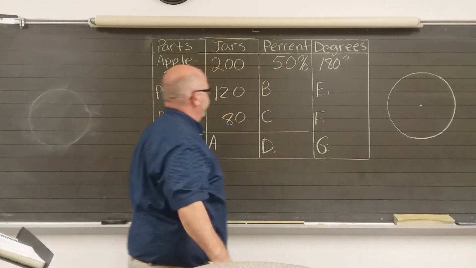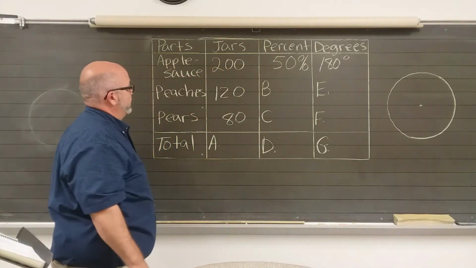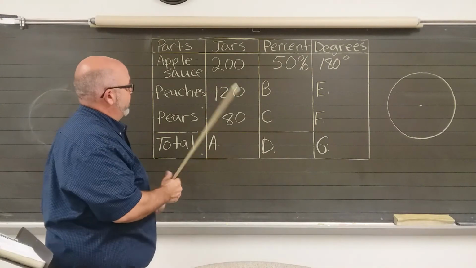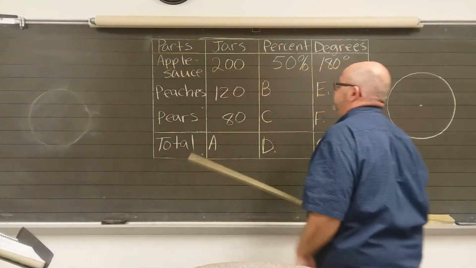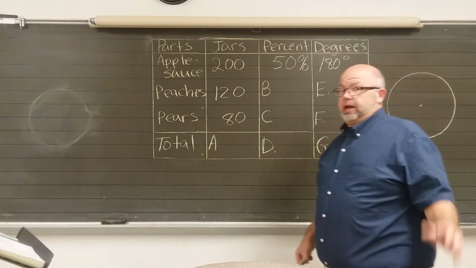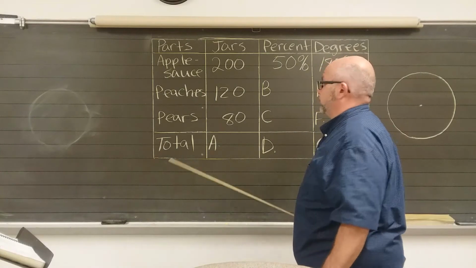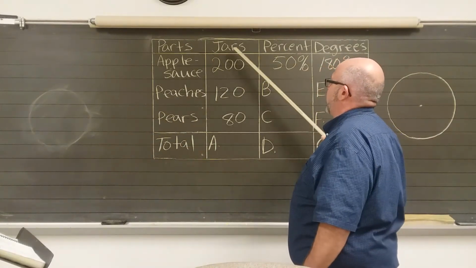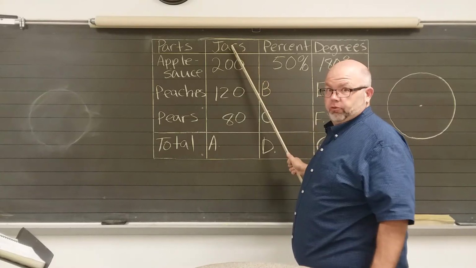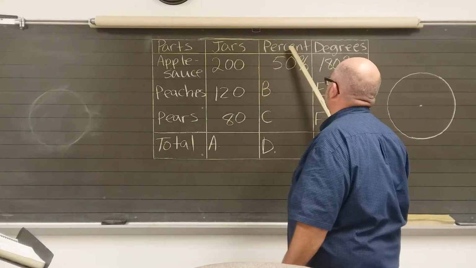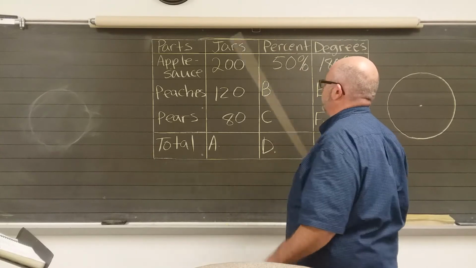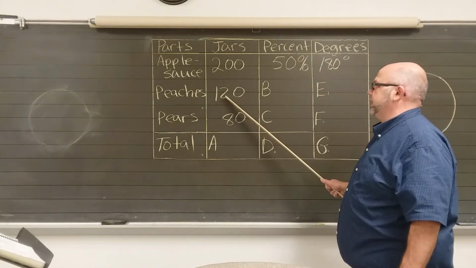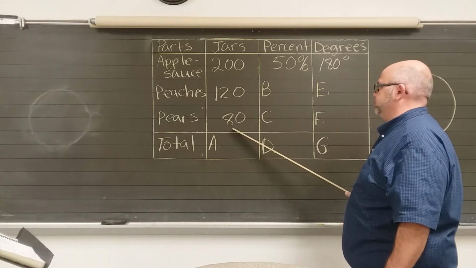We'll talk about how to figure things out as we go. So, we have in your mom's cellar, and this is a good time to have your cellar stocked full of things, right? You're not supposed to go to the grocery store much. Here's how many jars are in the cellar, the percent of each one and the degrees for each one. So you have 200 jars of applesauce, 120 jars of peaches, and 80 jars of pears.